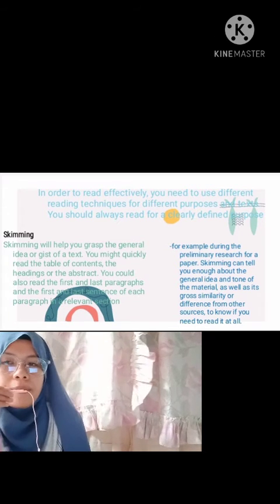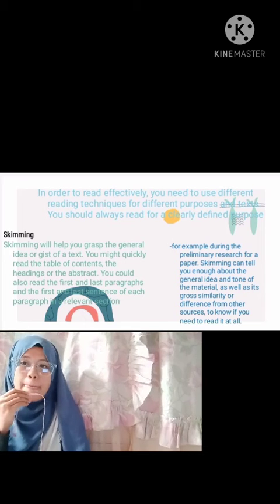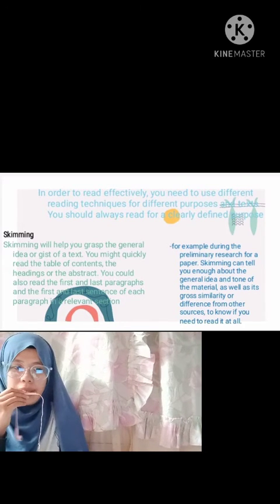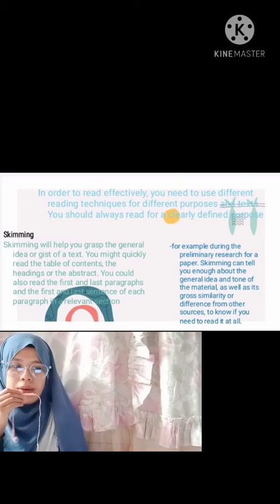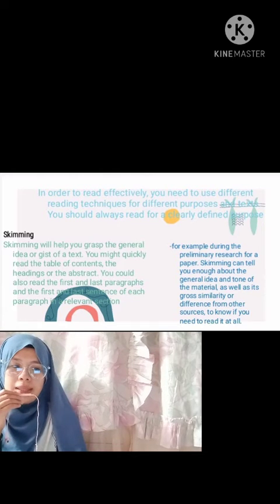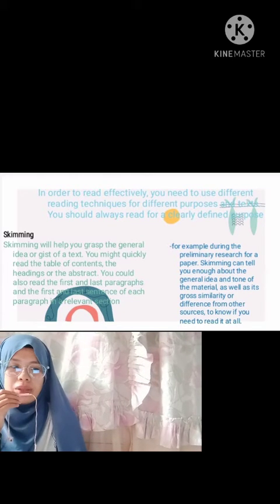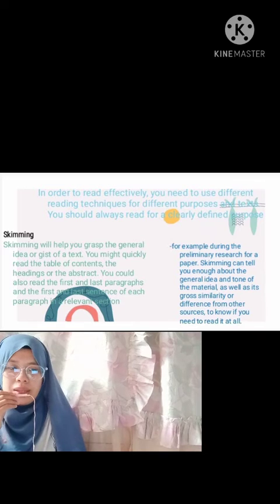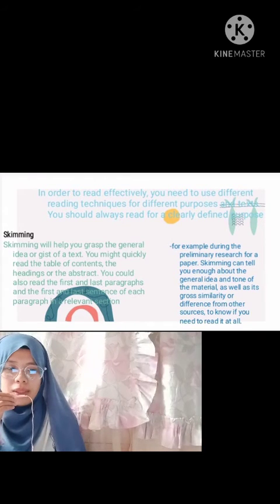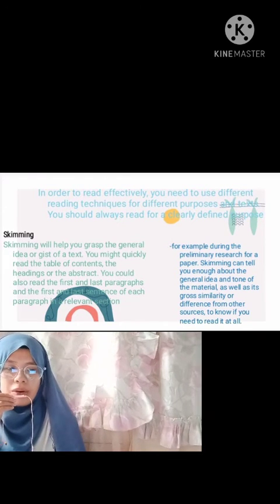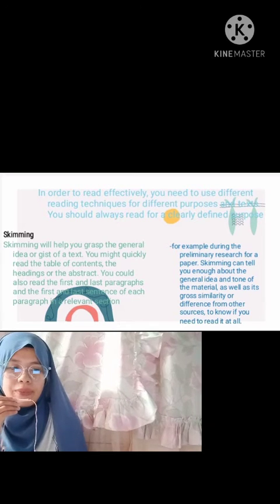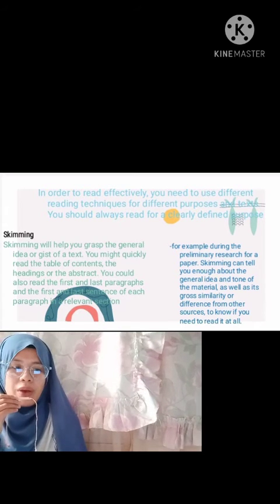For example, during the preliminary research for a paper, skimming can tell you enough about the general idea and tone of the materials as well as show similarity or difference from the sources to know if you need to read at all.